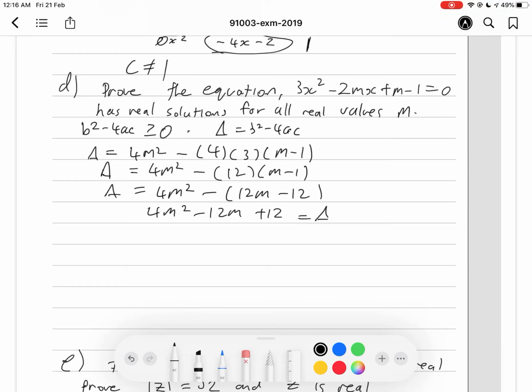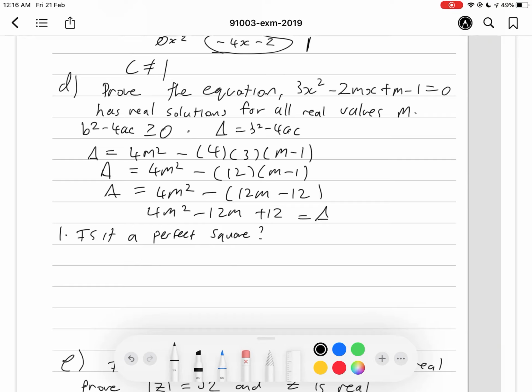The first thing to look for is, is this a perfect square? Okay, so the answer to this question is no, because in order to have a perfect square, the square root of 4 is 2, that's a perfect square, so we can have 2m and 2m. However, this 12 here is not a perfect square, so it's not going to work out the way you want it. So you cannot write it this way.